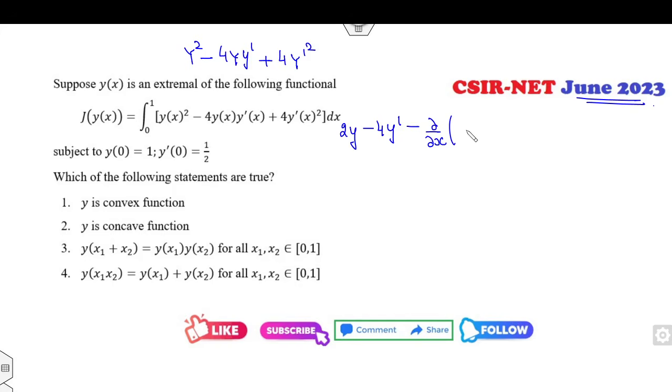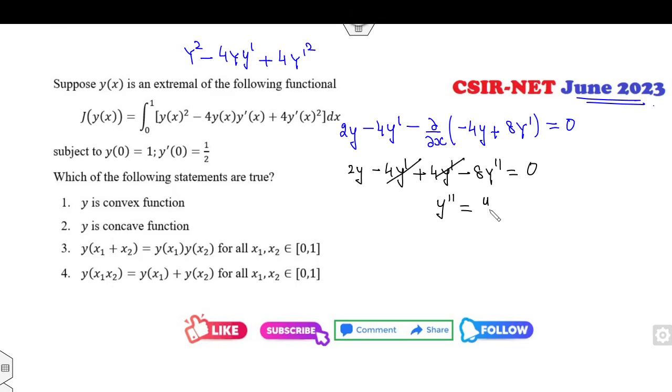Partial derivative with respect to y dash: minus 4 plus 8y dash is 0. So if you open them, 2y minus 4y dash plus 4y dash, 8y double dash is 0. So that means y double dash is y over 4.